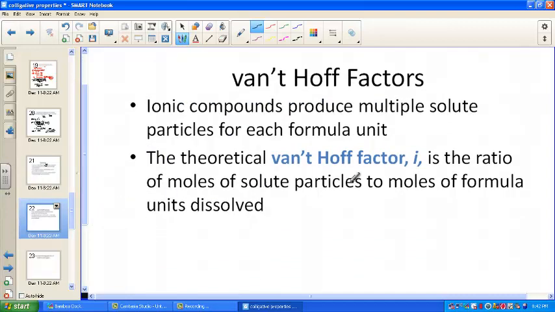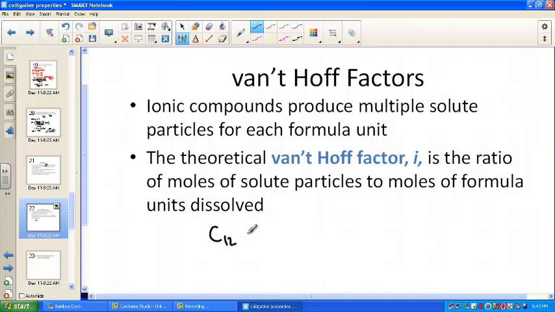Ionic compounds will produce multiple solute particles for each formula unit. Therefore, an ionic compound affects colligative properties, boiling point, freezing point depression, a great deal more than a molecular compound.